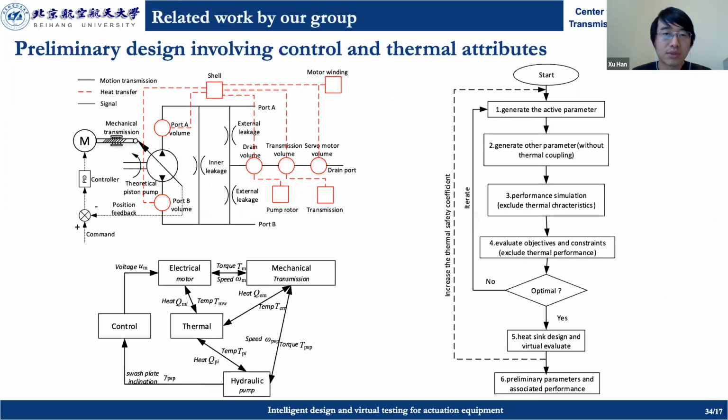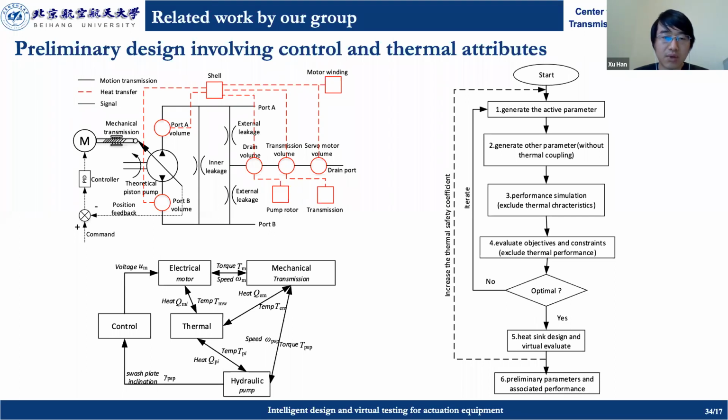Next, I want to introduce some work from our group. First, this is a preliminary design method developed by us. We involve the control and thermal attributes. Among previous methods, there are not many which can consider control and thermal attributes because this makes the optimization work complex.